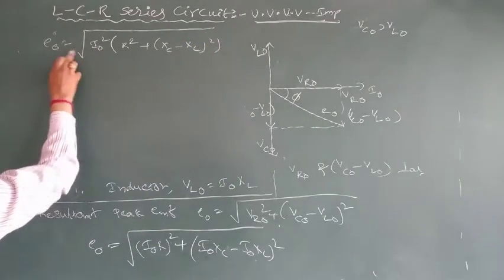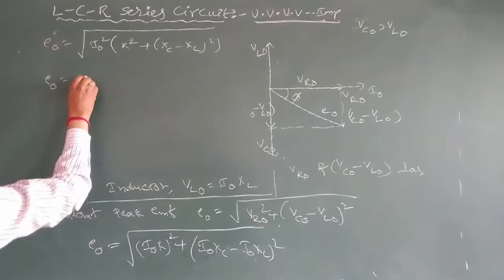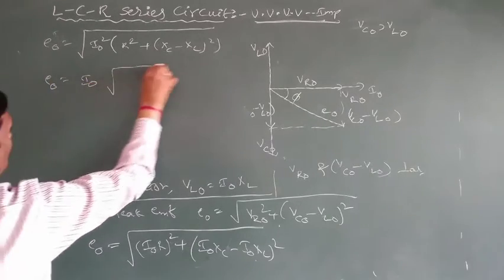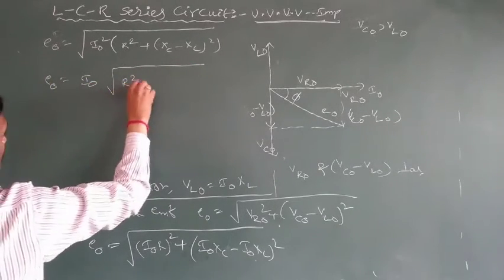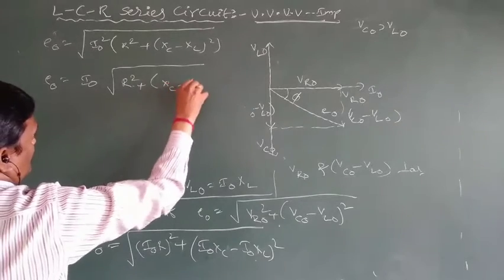Moving I0 outside, E0 is equal to I0 into the square root of R square plus XC minus XL whole square.